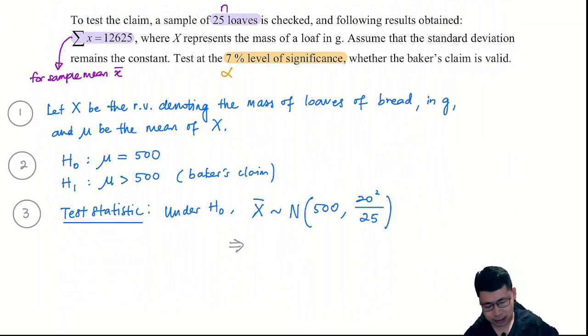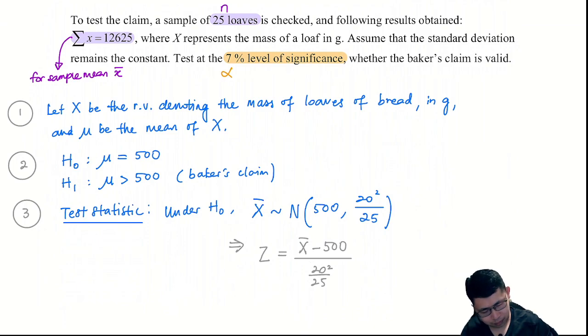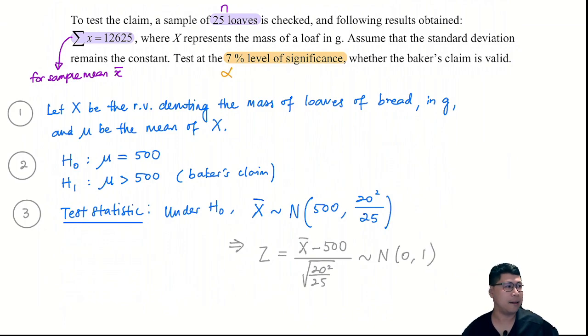So if we were to standardize this, our z distribution would be X bar minus mean, over 20 over the square root of 25. And this one follows a normal distribution of 0 and 1, like that.